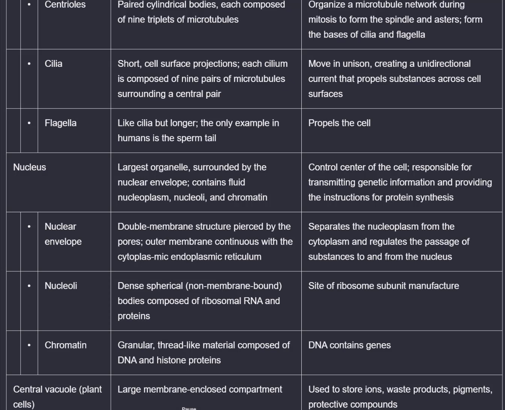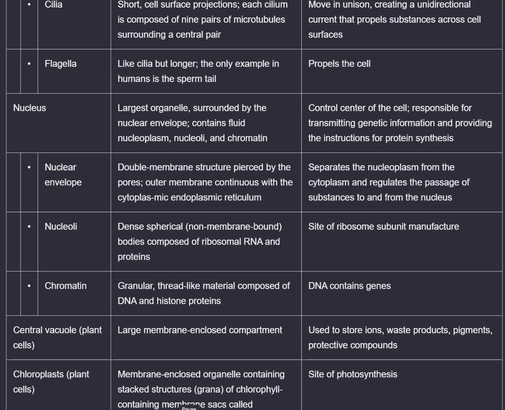Organize a microtubule network during mitosis to form the spindle and asters, form the bases of cilia and flagella. Cilia. Short, cell surface projections, each cilium is composed of 9 pairs of microtubules surrounding a central pair. Move in unison, creating a unidirectional current that propels substances across cell surfaces.